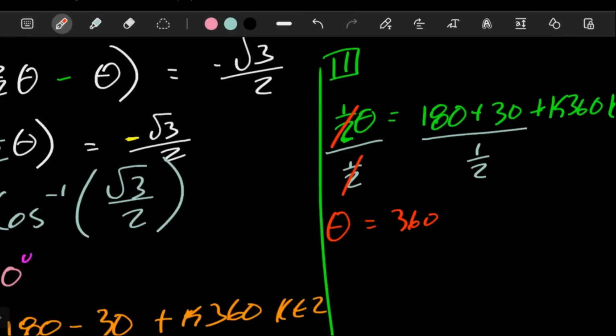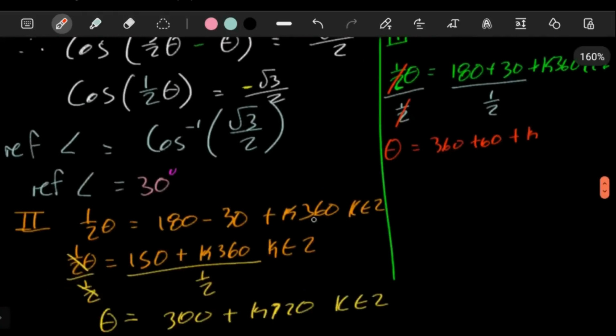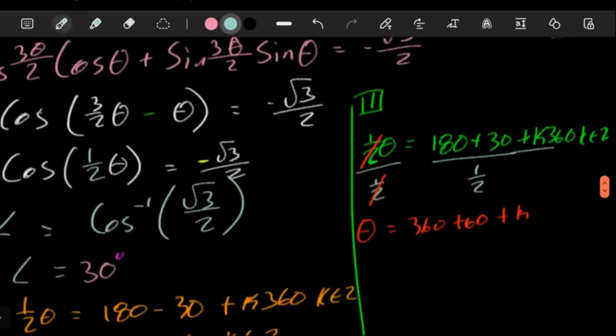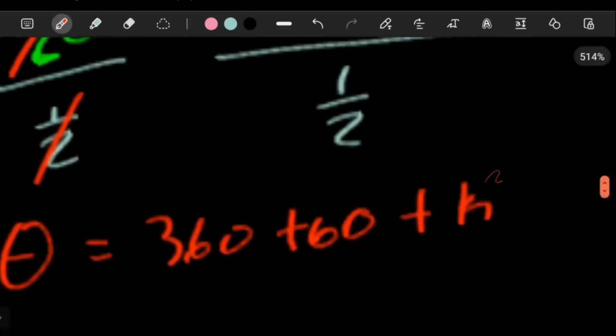360? No, it's 360 plus the 60. Oh yeah, of course. And then you have plus, because remember the half actually goes for everything, including the K360. So this is going to be plus K720.